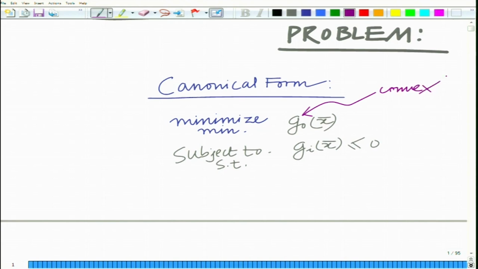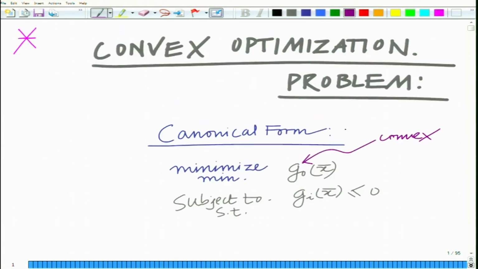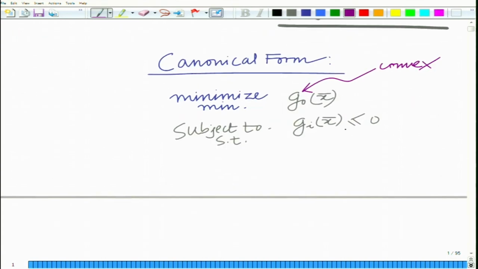Remember, for a convex optimization problem, this objective function has to be convex. I can have these constraints, and each of these constraints also is a convex function.